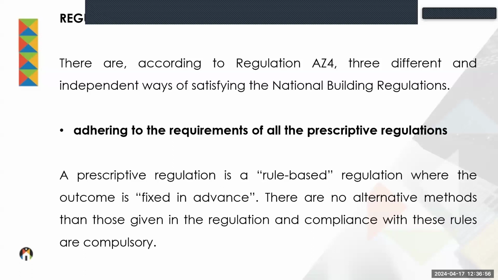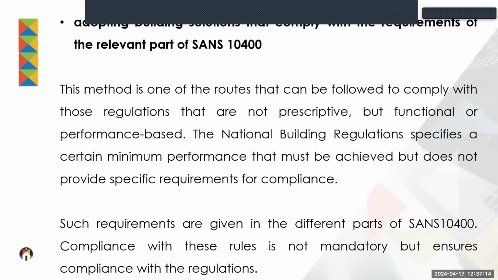No alternative methods than those given in the regulation, and compliance with these rules is compulsory. It's like if you see that little sign next to the road that says 60, if you go over 60, there are consequences. In this case, if you break that rule, there are consequences.